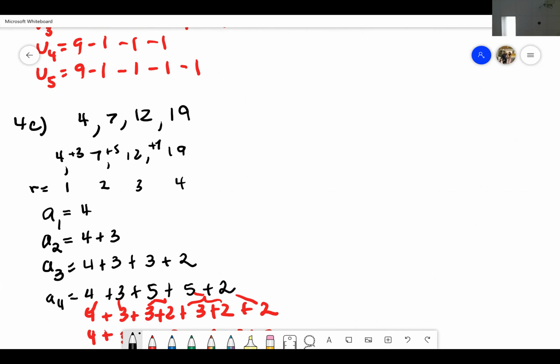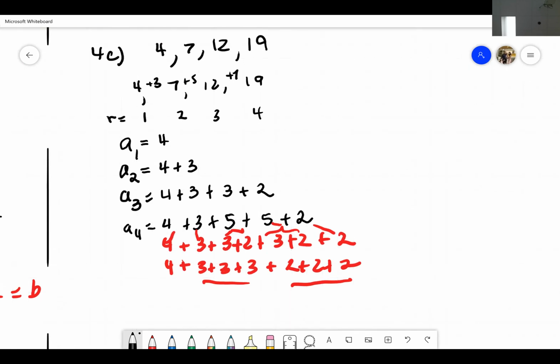So let's revisit the patterns that we have. Let's try something different. So we got 4 plus 3 here, but here we have 4 plus 3 plus 3 plus 2.